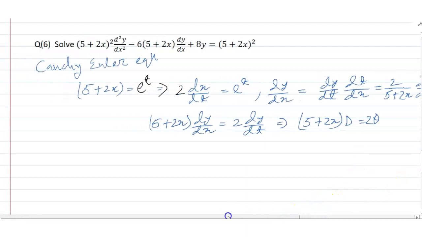So my problem I can write this way, and similarly (5 + 2x) whole square into D square is equal to 2 into theta, 2 into theta into 2 means 4, and theta minus 1. This is the way I can write.